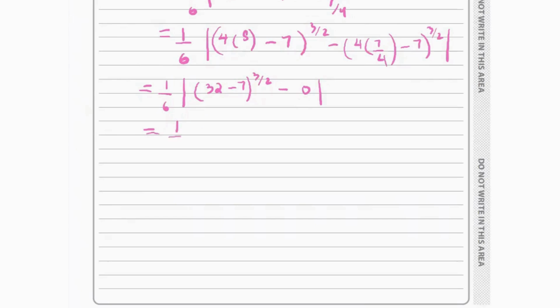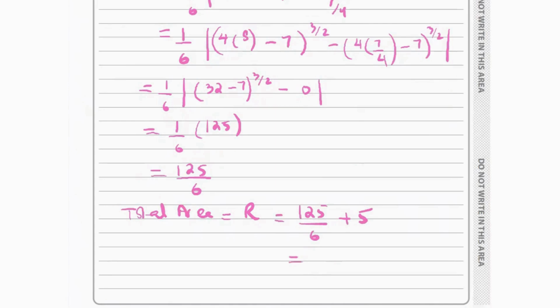That's going to be 1 over 6 times 125. So 125 over 6 is the area of the part that is under the curve. So total area, which is basically R, is equal to 125 over 6 plus 5, and that is equal to 155 over 6. That is your final answer.